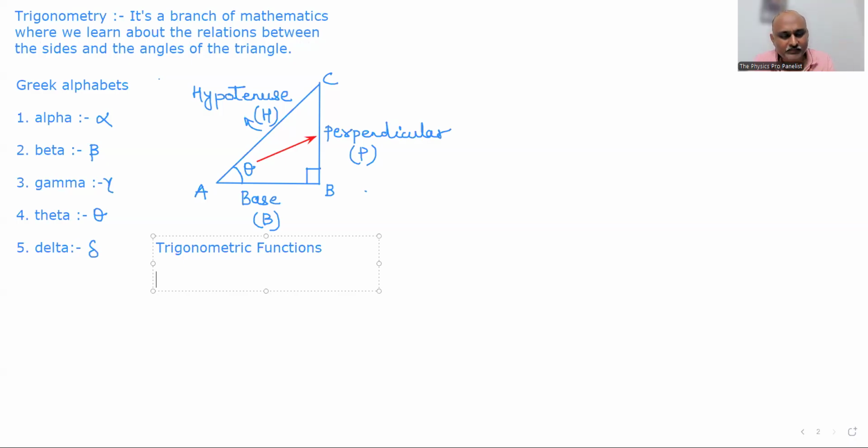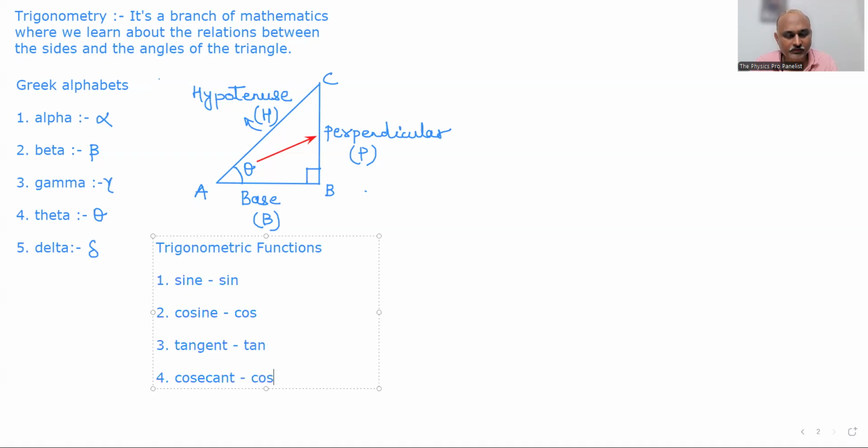So first is sine. In short, it is written as sin. How do you pronounce it? Pronounce it as sine. Okay, don't pronounce it as sin. Second function is cosine. In short, it is written as cos. Third is tangent. In short, it is written as tan. Fourth is cosecant.